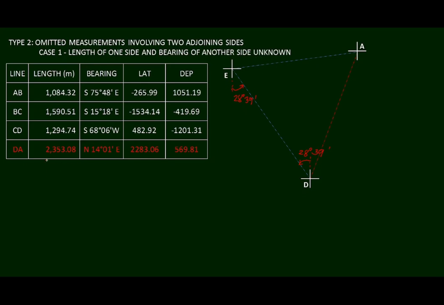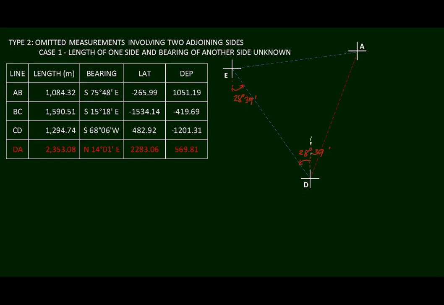And nasolve din natin kanina na itong si DA, meron siyang bearing na 14 degrees 1 minute. That is northeast. Saan ko ilalagay itong 14 degrees 1 minute? I'll just change the color of my pen para makita natin. So that is from D to A. I'll just extend this line here.